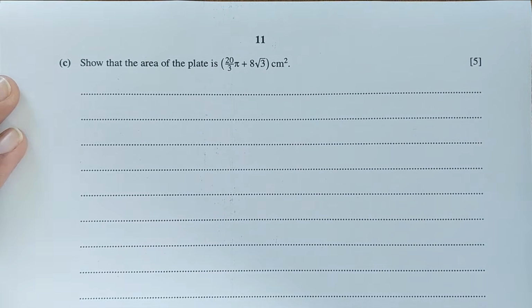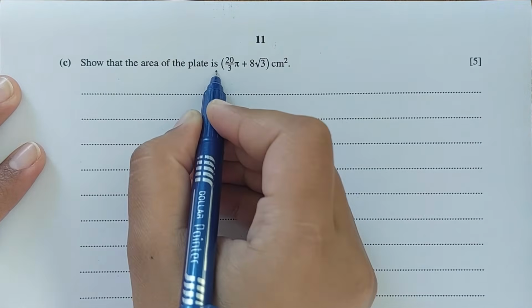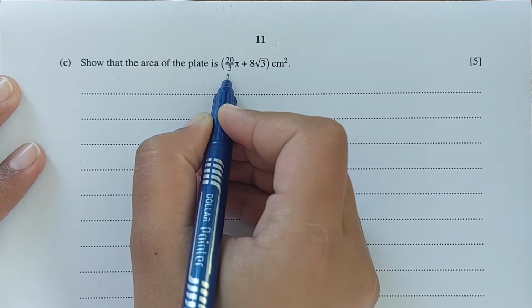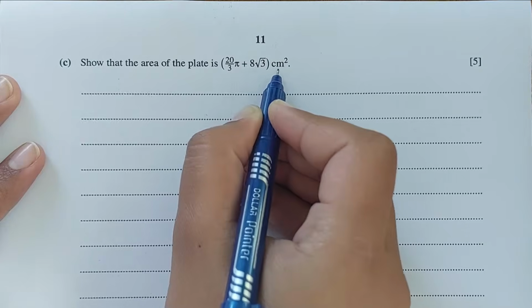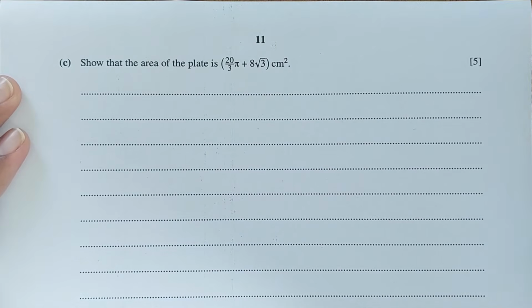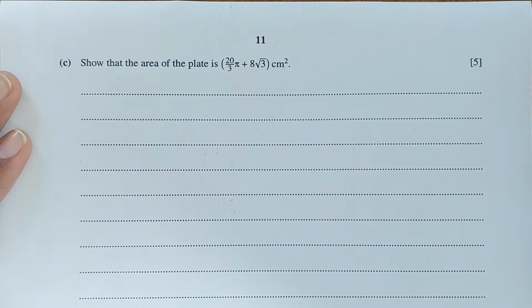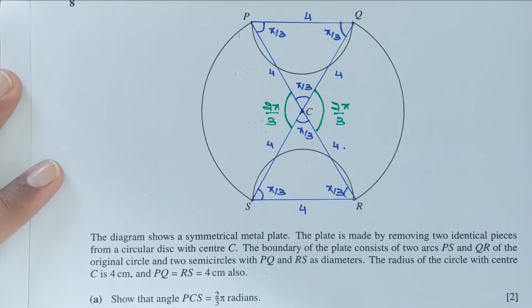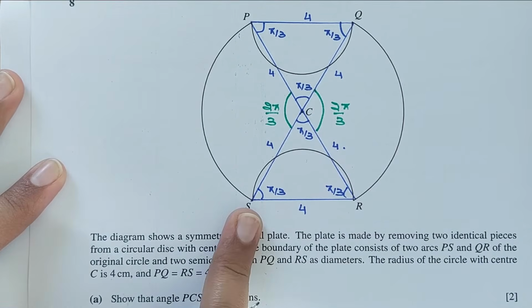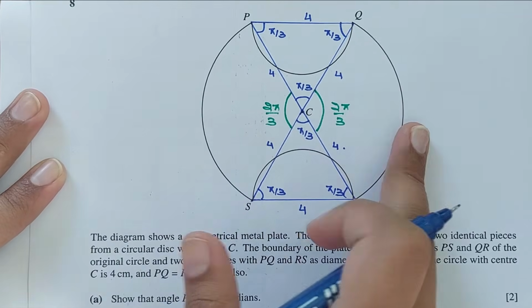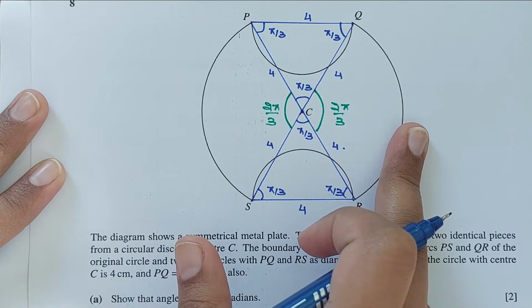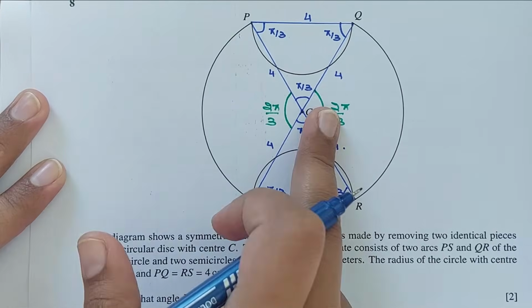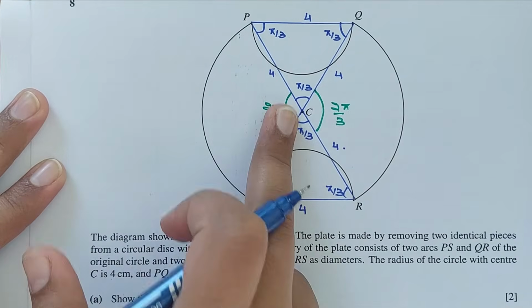Now for part C, show that the area of the plate is 20 over 3 pi plus 8 root 3 centimeters squared. If we look at the plate again, we have to find the area. I can consider the area of the two sectors, PCS and QCR.